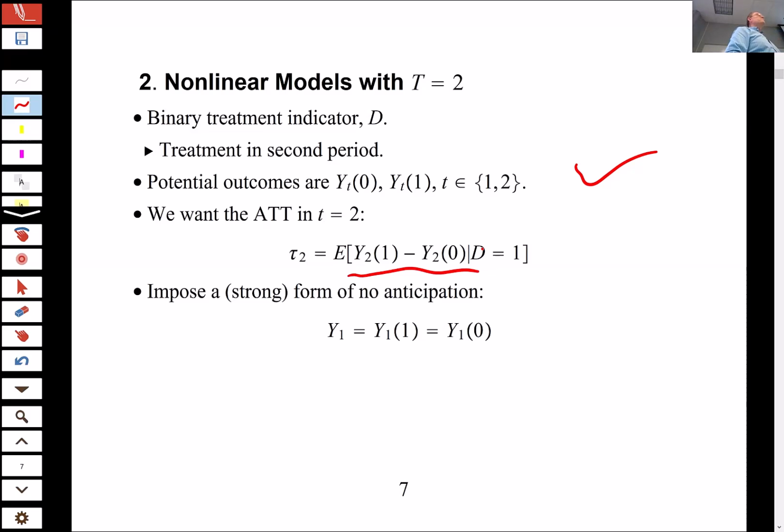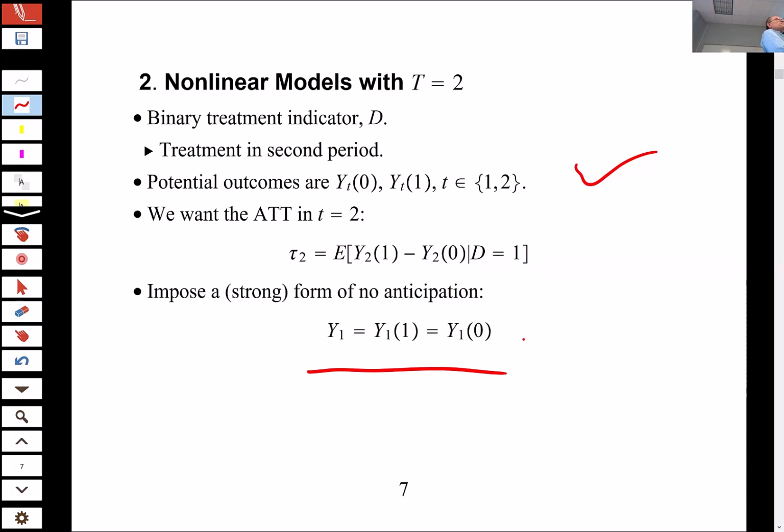These are random variables. I'm looking at the difference. This is the gain from treatment in the second period for a generic unit. And then we're going to compute the average of this over the treated units. So that's where the name average treatment effect on the treated comes from. In the paper, I don't impose this strong of an assumption, but I'm going to do it here just to make it easy.